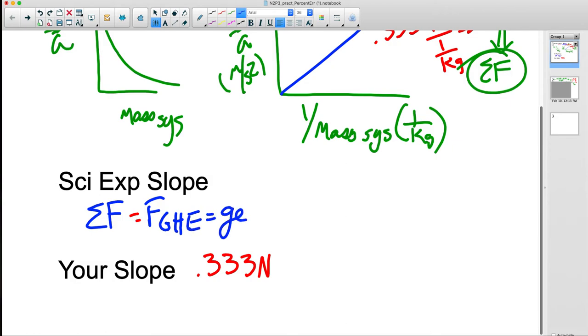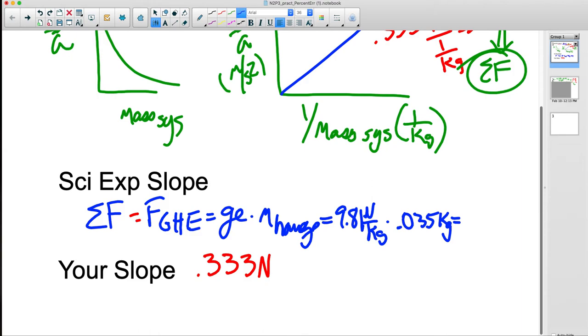To do that, you do g sub E times the mass of the hanger. And you'd have to fill in your own mass of the hanger. For the sample I'm doing today, we're going to assume that we use 9.81 newtons per kilogram because it is a lab, and we're going to use a 35-gram hanger, which had a mass of 0.035 kilograms. I think you guys all used a 50-gram hanger, so you'll have to put in a different value for that.